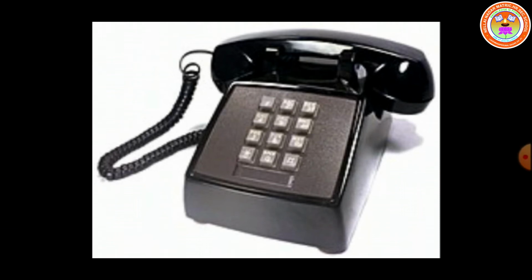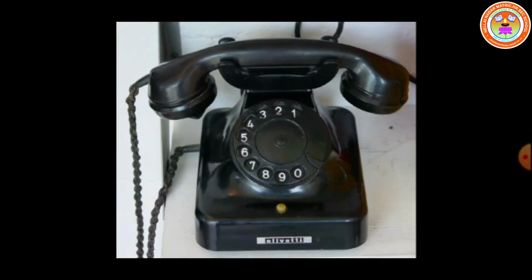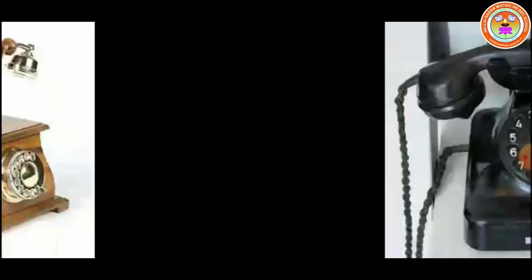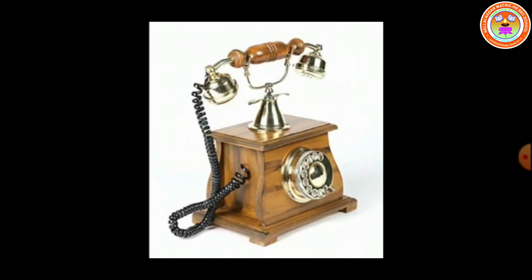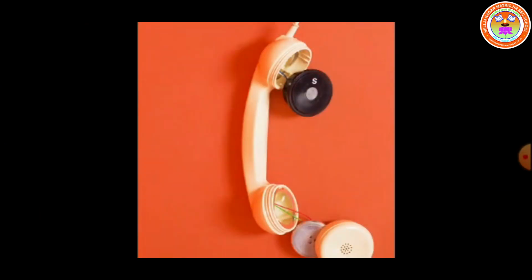The diaphragm is made up of a metal that can be attracted to magnets. It is attached to a spring that is fixed to the earpiece. When a current flows through the wires, the soft iron bar becomes an electromagnet.